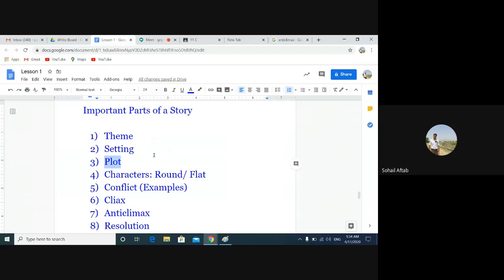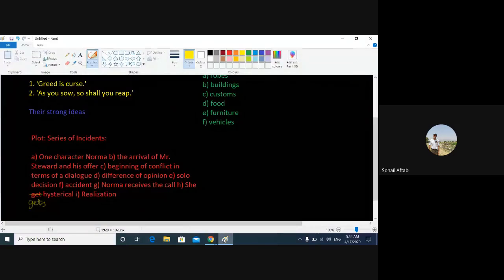Now, let's go quickly forward to characters. In the story, we have three characters.